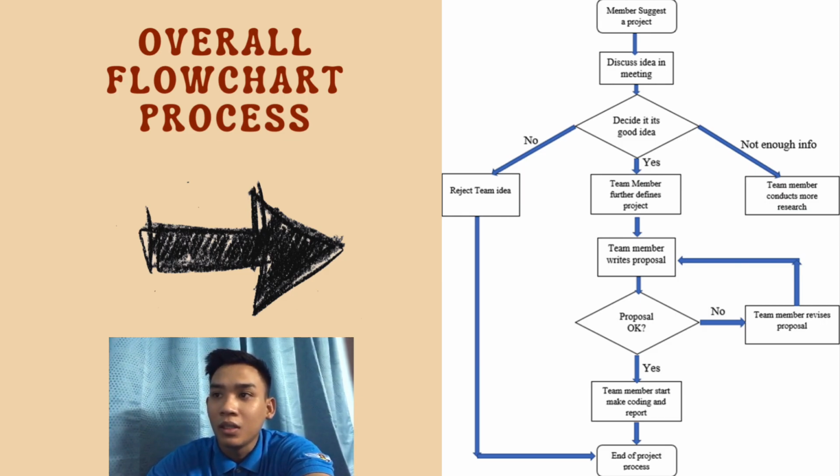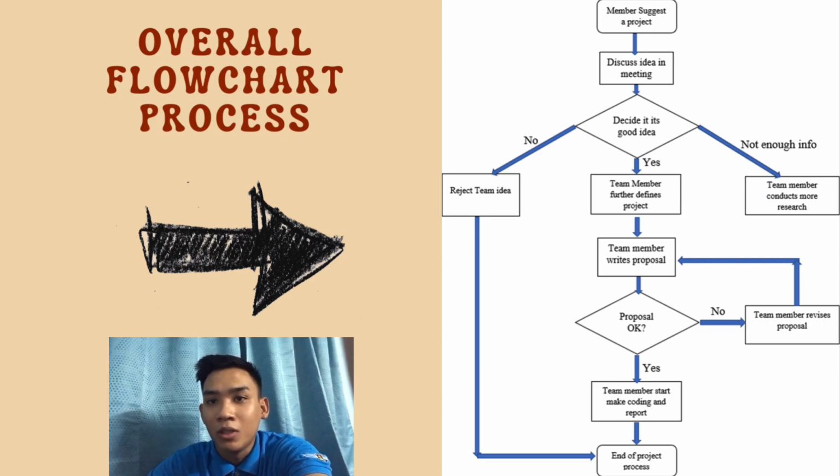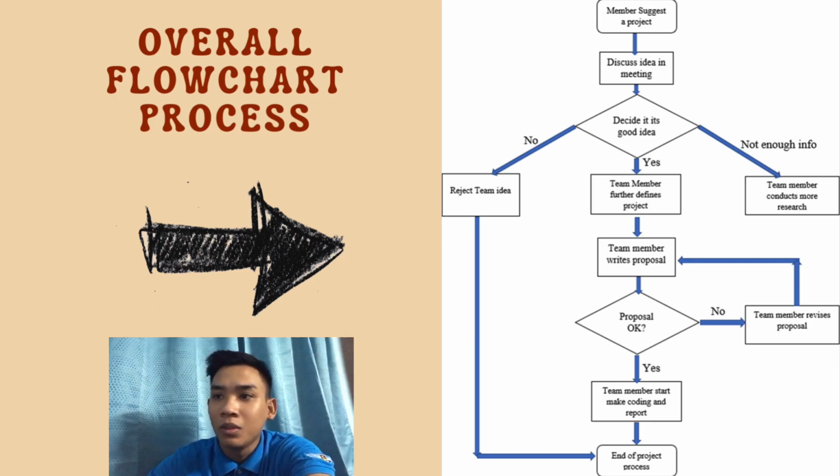If yes, the team members further define the project. Then our team members write the proposal, and we check whether the proposal is okay or not. If not, the team members revise and redo the proposal. If yes, the team members write the code and the report, and then end our project.